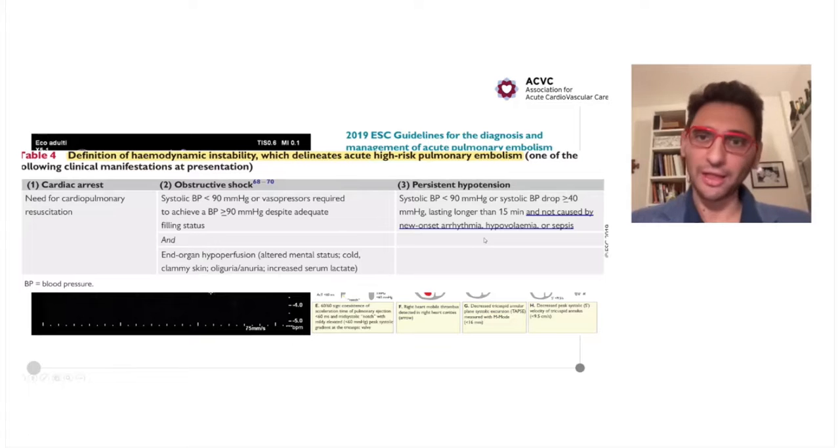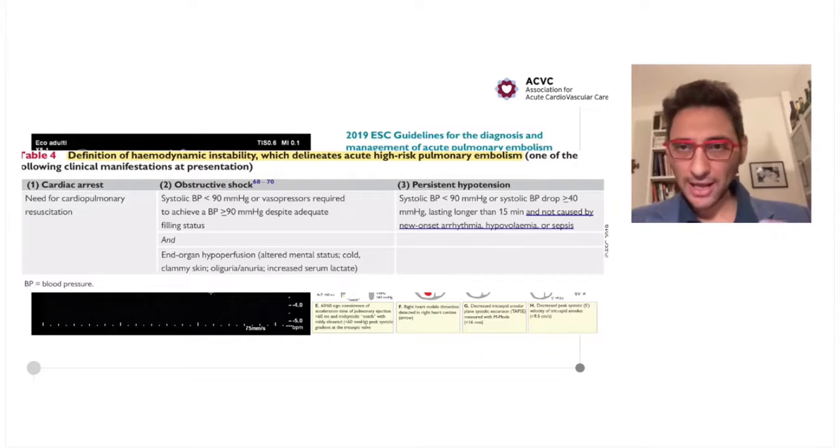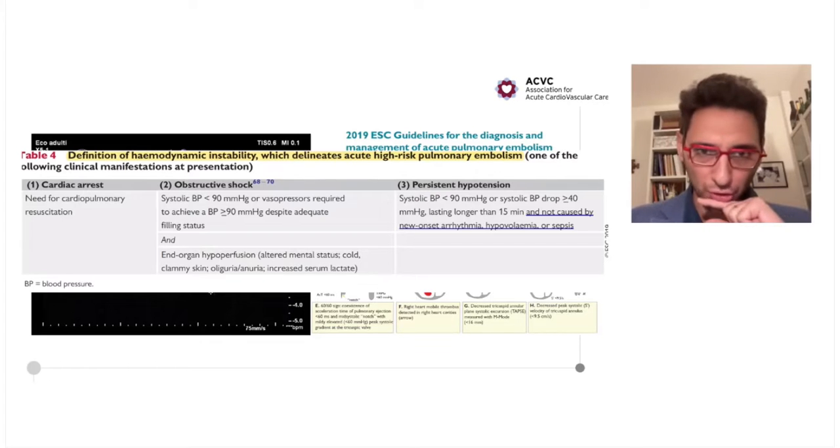So this third point is the one that you should look at very carefully, not only for the diagnosis, but also for the concomitant condition that can point toward high risk and therefore your treatment strategy.